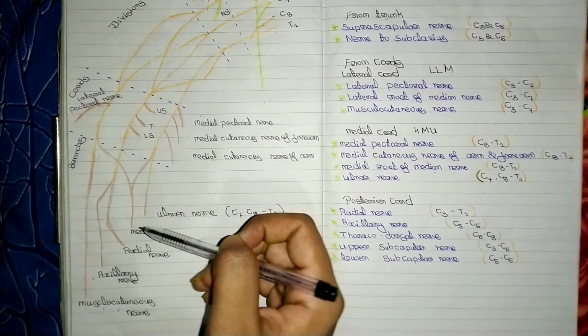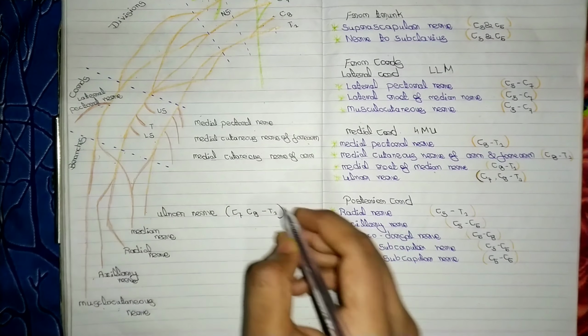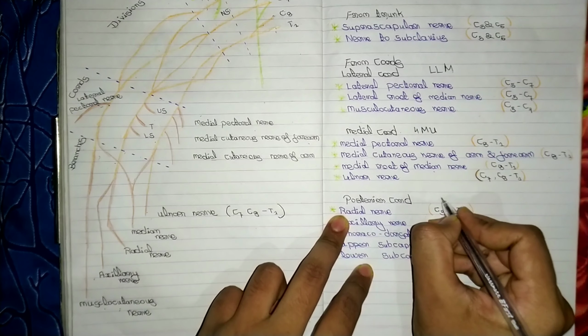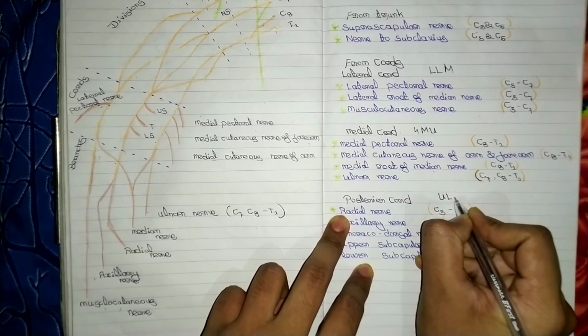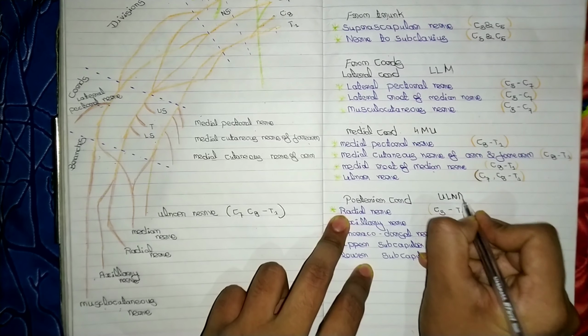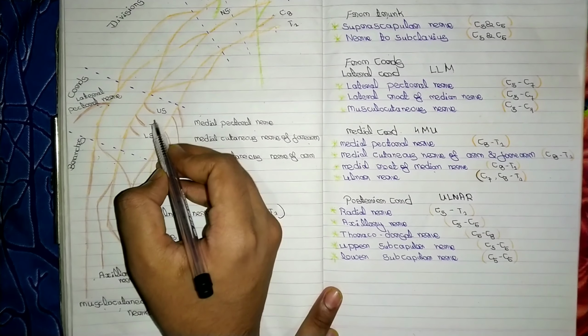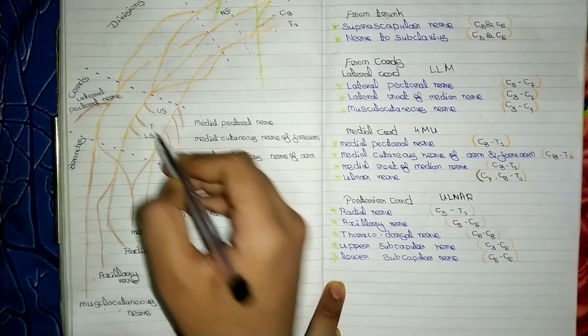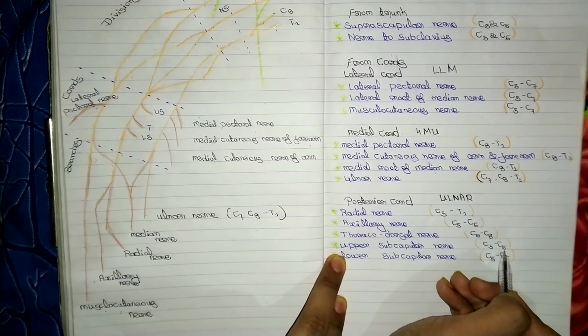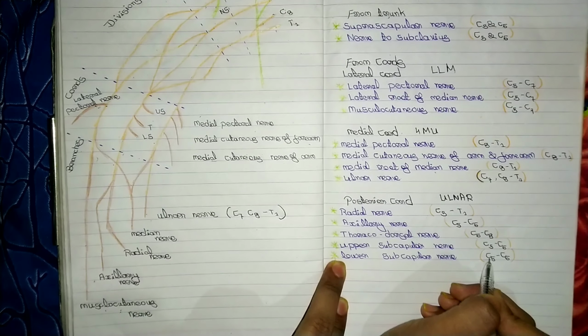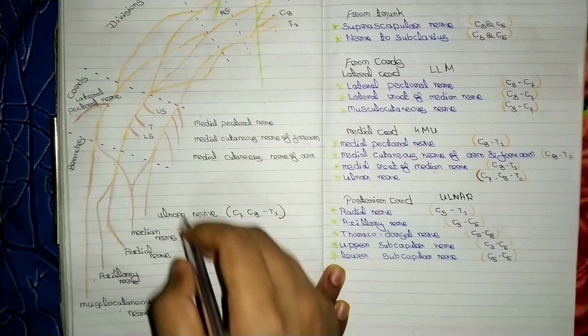Now the posterior cord. We can remember it through the mnemonic ULNAR. U: the upper subscapular nerve, with root value C5, C6. L: the lower subscapular nerve, with root value C5, C6.